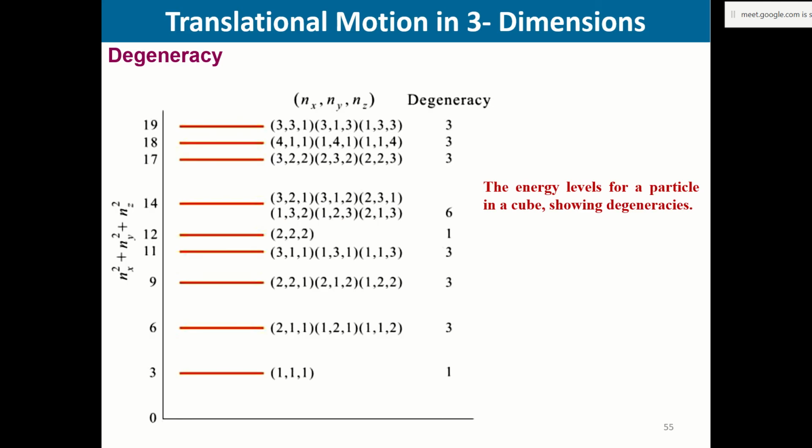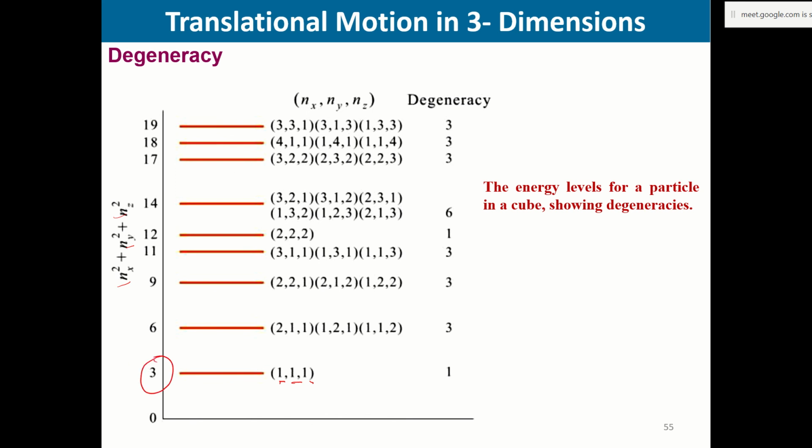Now if you analyze the three-dimensional case, you have nx square, ny square, nz square. You can see the first one, 1 1 1, has only one energy state, only one wave function you can write with that energy.